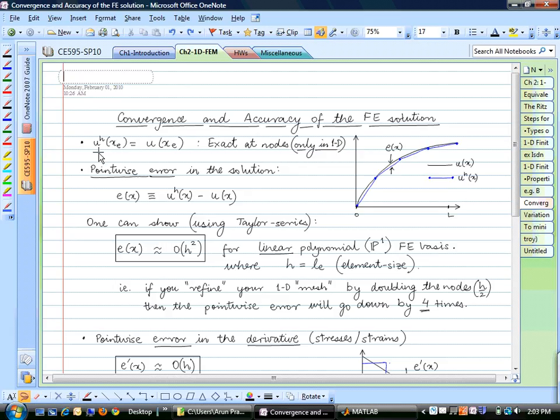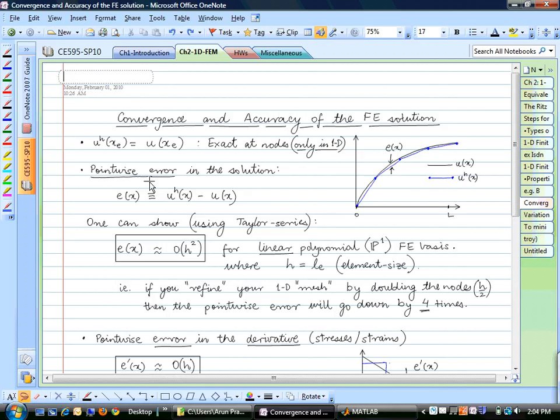So it can be shown that the finite element solution at an x_e, where x_e is the actual finite element node, matches the exact solution on the dot, at least in one dimension. In 2 dimensions and 3 dimensions, this actually does not hold. So this is a characteristic of one-dimensional finite elements only.